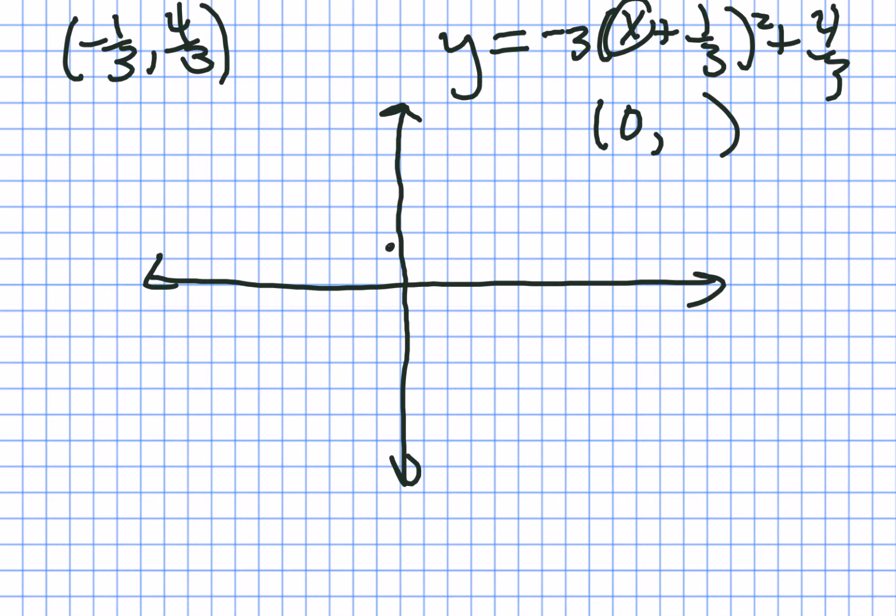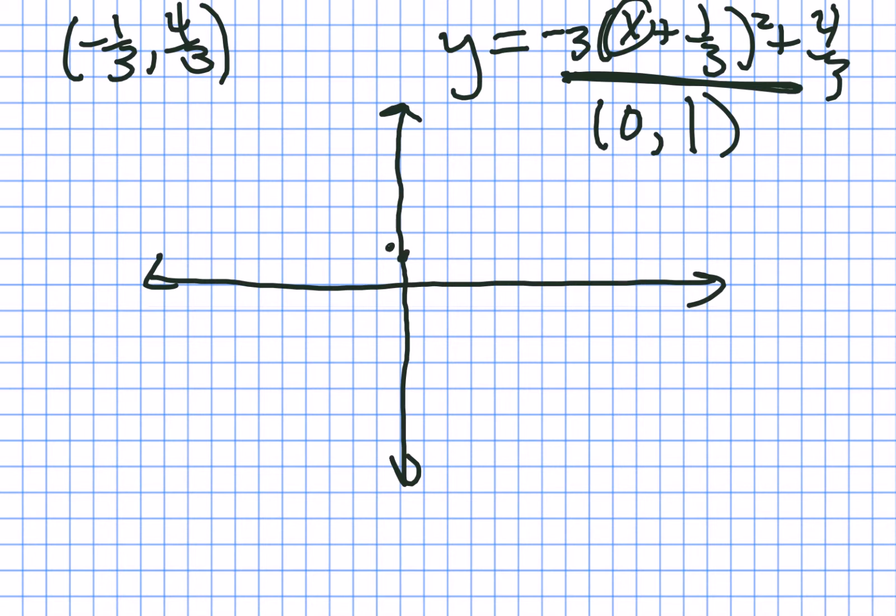So I'd have 1/3 squared, which would be 1/9. -3 times 1/9 would be -1/3, so I get 3/3. Now I know I did that a little quickly, but if you put 0 in for x and calculate that, you'll get 1 for your y-intercept.